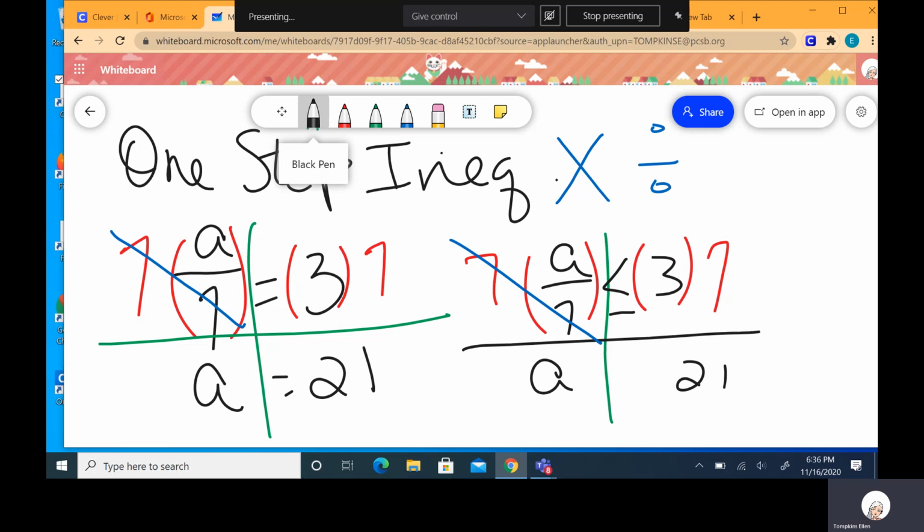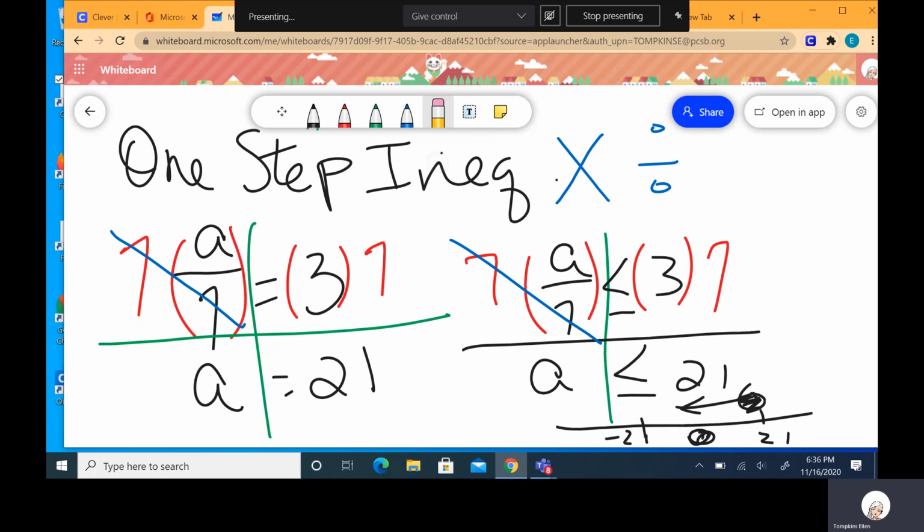Now that 7 that was doing all the work was positive, so my less than or equal to will just drop down. And again, on my number line, 21, 0, negative 21. There's my 21, less than or equal to, we'll color it in.